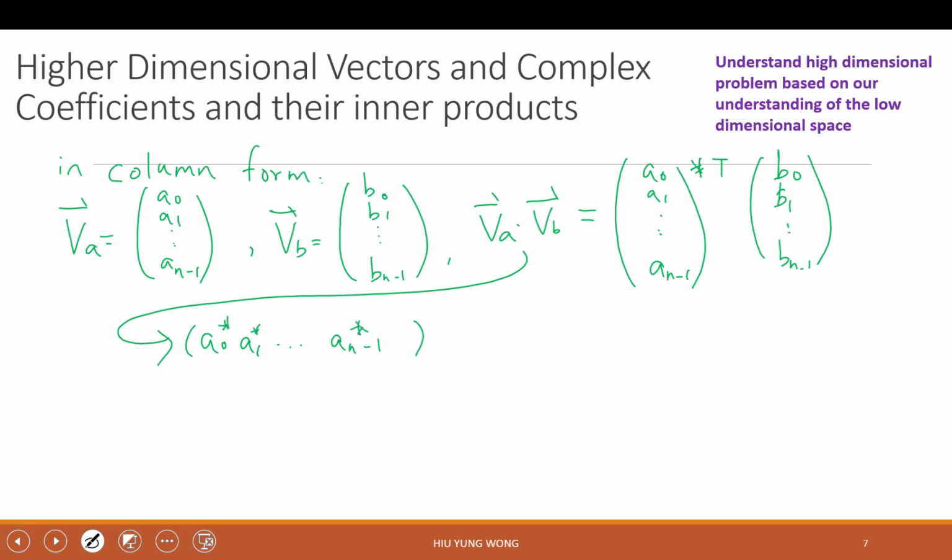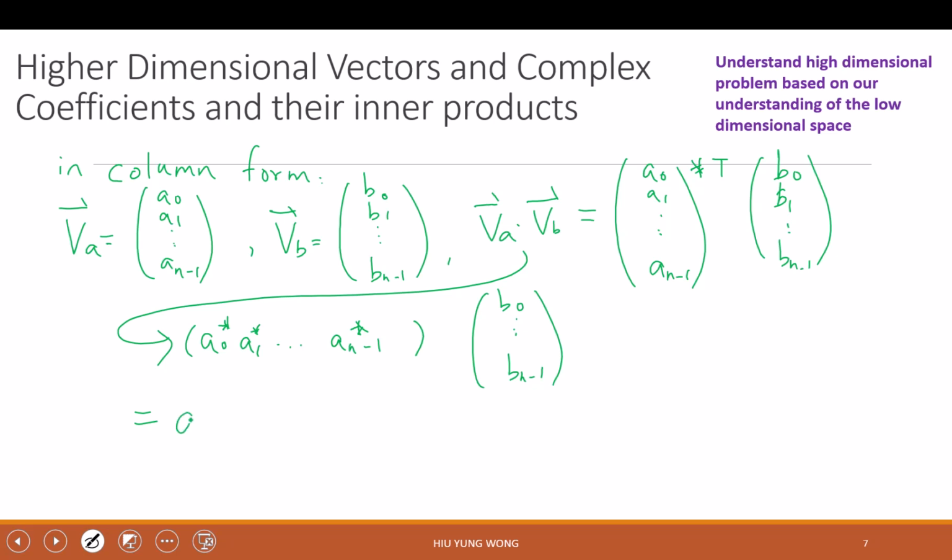Any questions from other students? And then this whole thing times B0 to Bn minus 1. And again, you just do the vector matrix multiplication. This row times this column. How do you do that? The first element times the first element plus second times second, right?